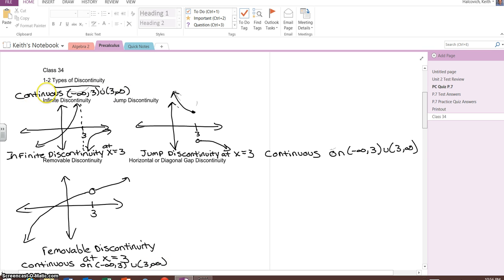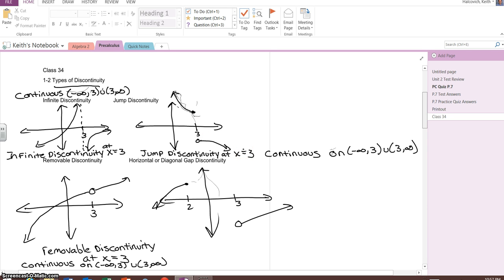Now the horizontal or diagonal gap discontinuity, it looks something like this, where let's say this is 2 and it goes like that, but then you come over here to 3 and it goes there. So there's an actual horizontal or diagonal gap. Like here, notice it goes to 3 and then it moves down, and then continues on the other way.